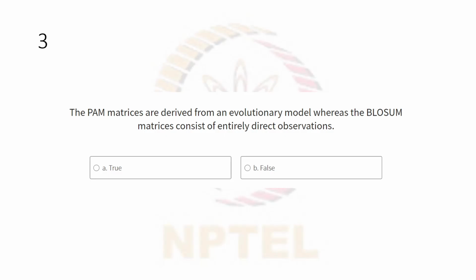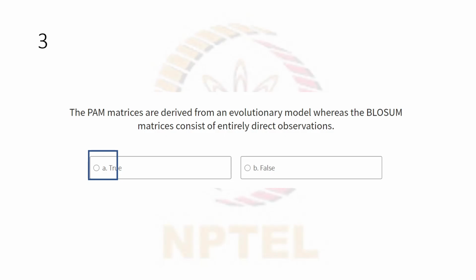So now we are solving question 3 here. The PAM matrices are derived from an evolutionary model, whereas BLOSUM comes from entirely direct observation. The answer is true, because PAM matrices are based on the idea that mutations occur at a relatively constant rate over evolutionary time.